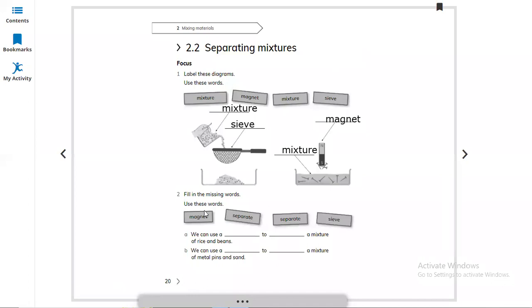Fill in the missing word. Use these words. We can use a dash to dash a mixture of rice and beans. So we can use a sieve to separate a mixture of rice from beans.